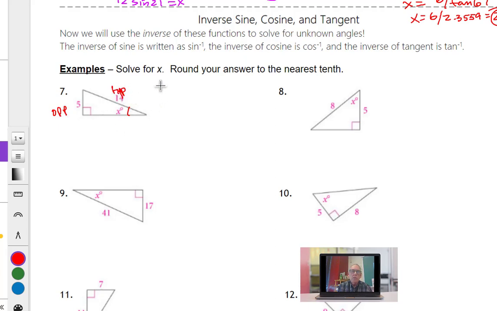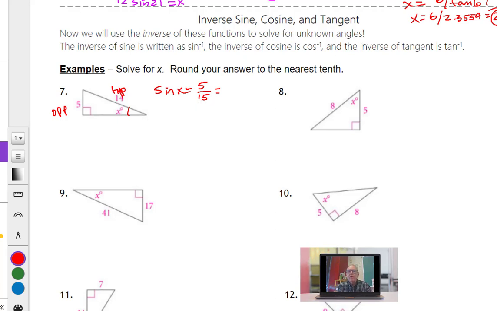So we have sine with this. We say sine x equals opposite, which is 5, over hypotenuse, which is 14. So what we're going to do with these is turn this into a decimal, and then we're going to look up in the table the closest angle that we have to the actual number that we get.